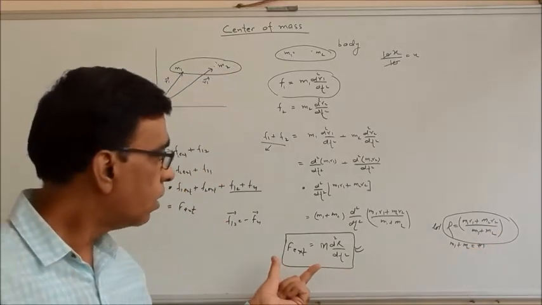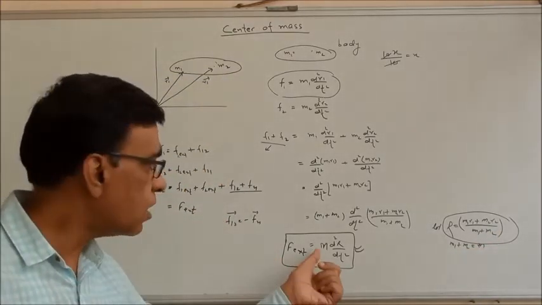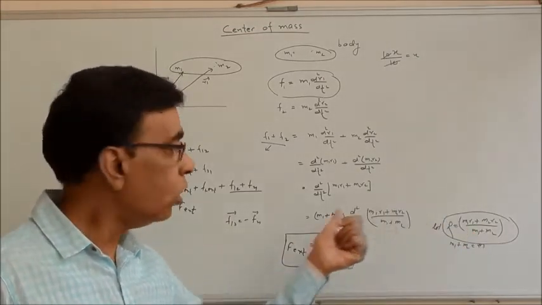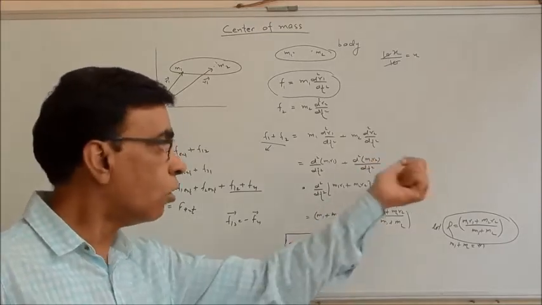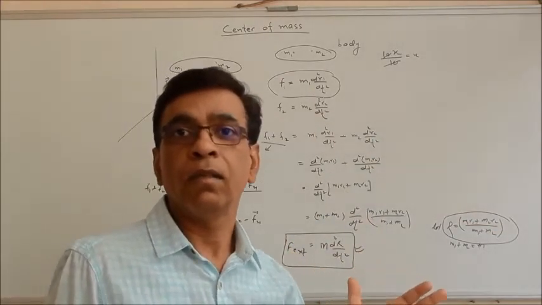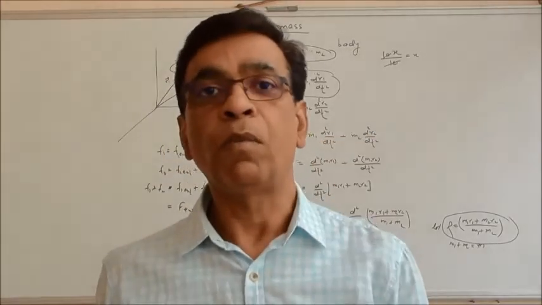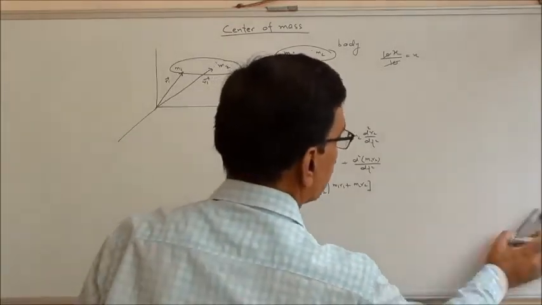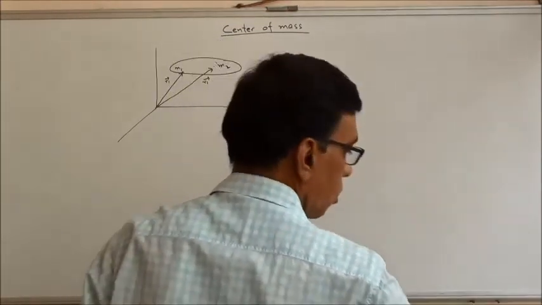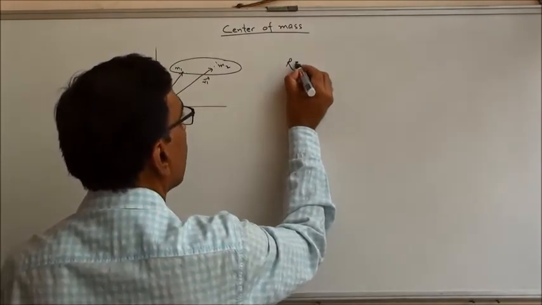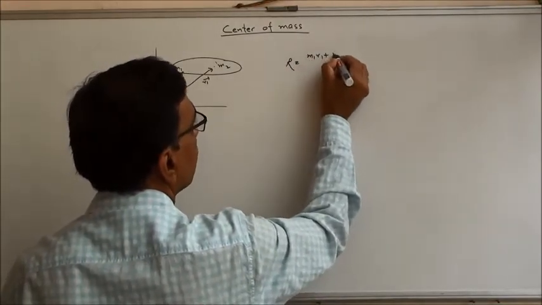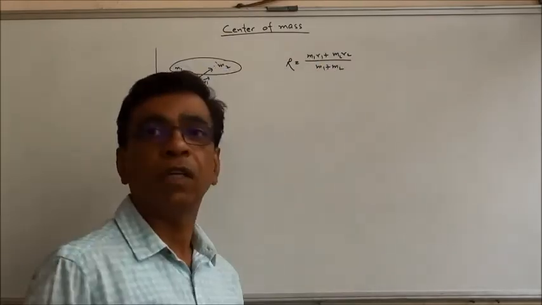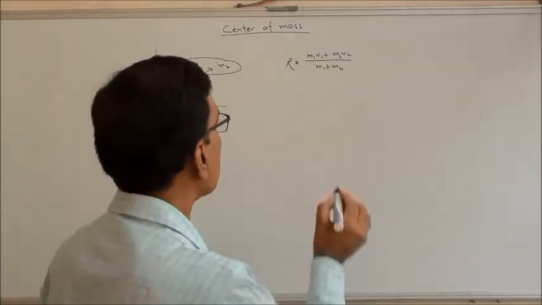So it means we can assume that this mass m1 plus m2 is at this point, and all the external forces are acting on this point only. This is the center of mass of the two-particle system. So we got R is m1r1 plus m2r2 upon m1 plus m2. This is how we can find the center of mass for a two-particle system.